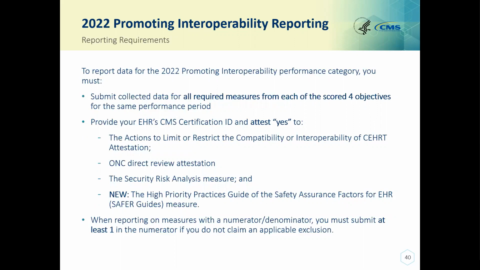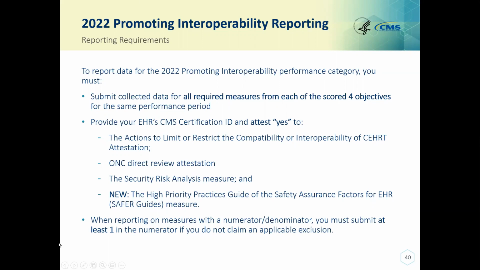Okay, so to fulfill the category, you must collect data for the required measures of the 4 scored measures, and in addition, submit the required attestations. So that is the actions to limit or restrict the compatibility or interoperability of certified EHR technology attestation, the ONC direct review attestation, the security risk analysis measure attestation, as well as the high priority practices guide of the SAFER guides.